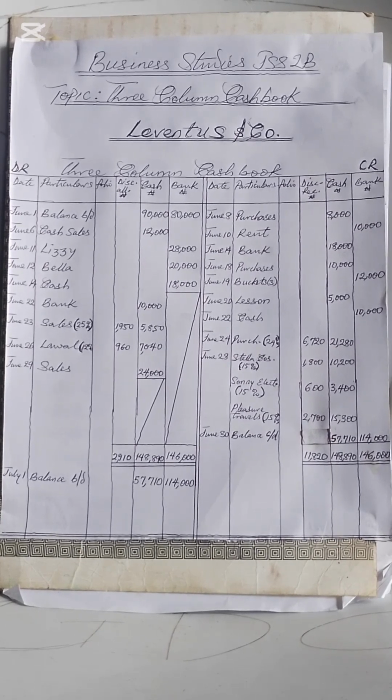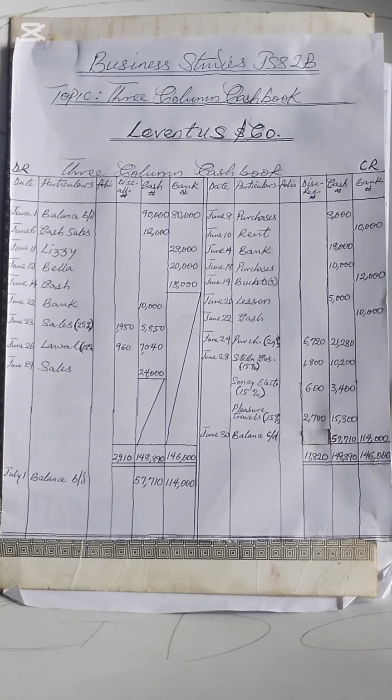Same thing you do to the cash column. Add up the cash column of the credit side, add up the cash column of the debit side, find the difference. It is the difference you are recording. Take note. And of course there the difference is 57,710. After that, sum up everything.